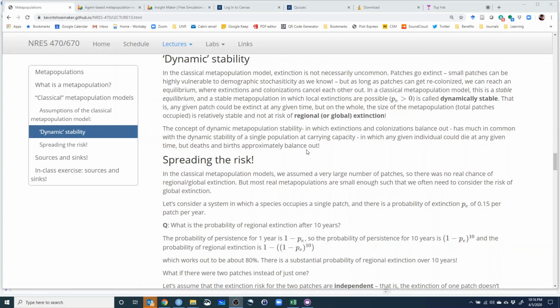And this is really no different than the idea of equilibrium that we've already been through. The inputs equal the outputs. In the case of a population at carrying capacity, any given individual could die, just like any patch might go extinct. But when we look at the whole population, it's not declining and it's not increasing, it's stable.